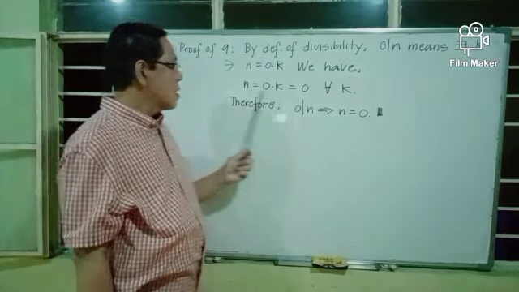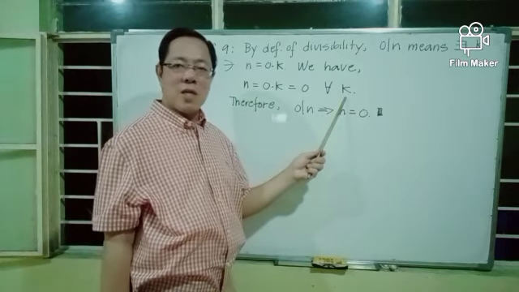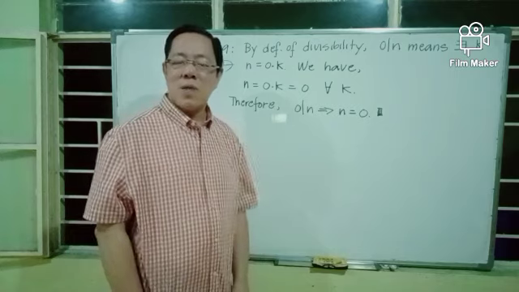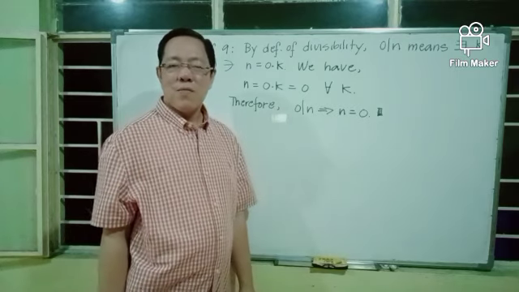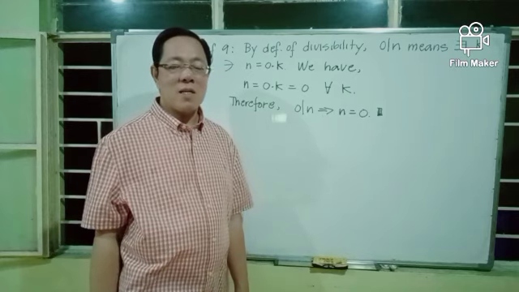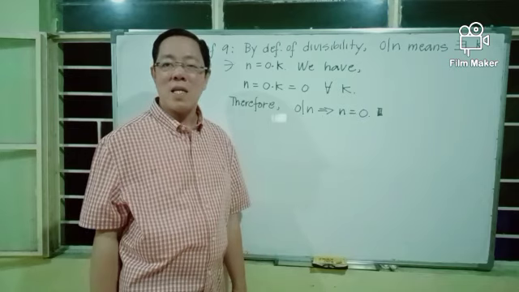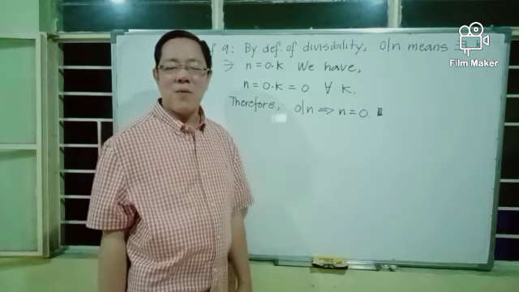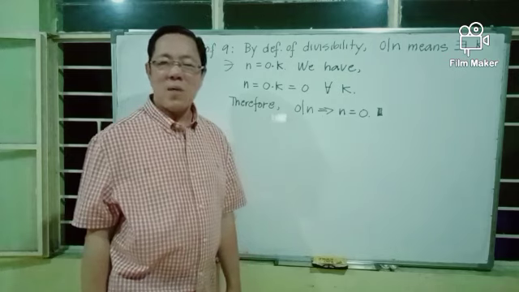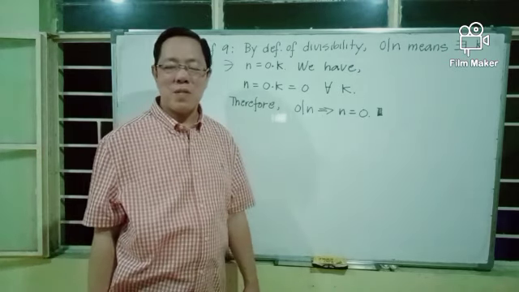We have n equals 0 times k, which is equal to 0 for every integer k. Thus, we are sure that an integer k exists, and it can actually be any integer. k can be a negative integer, k can be the integer 0, or k can be a positive integer.